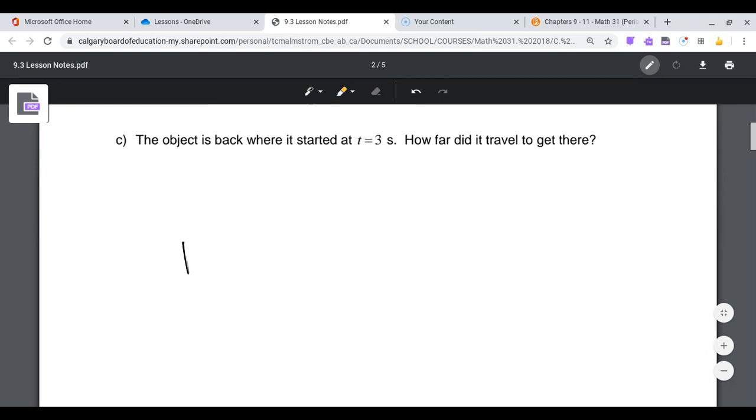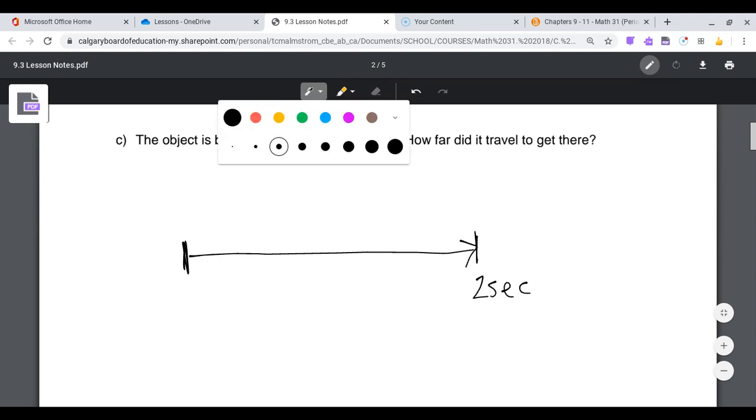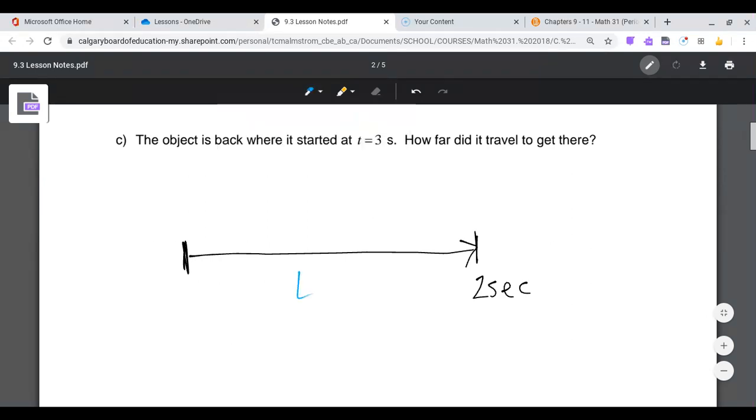We know that if an object starts, I don't know, randomly here, and it's traveling forward until time 2 seconds, right? That's when it changes directions. We knew from part B that it went 4 meters. Well, this says that the object is back where it started at 3 seconds.